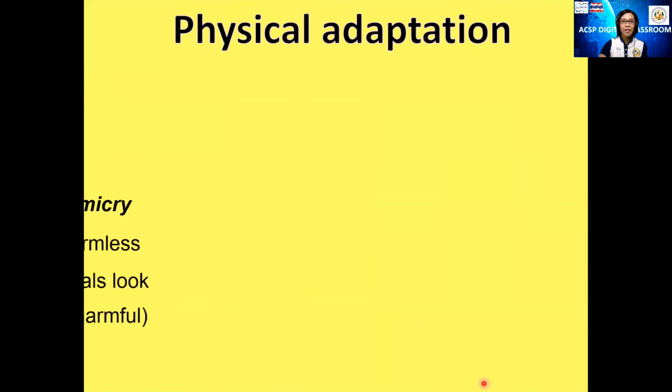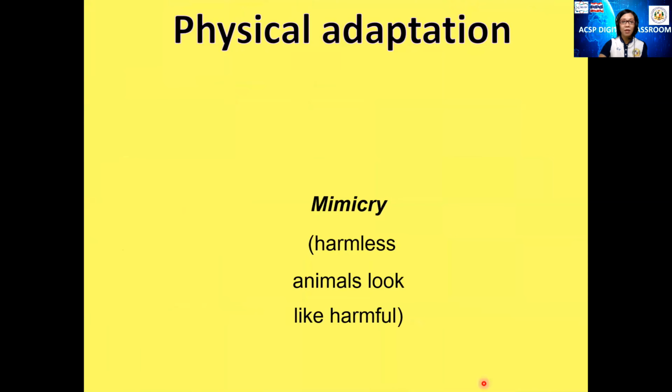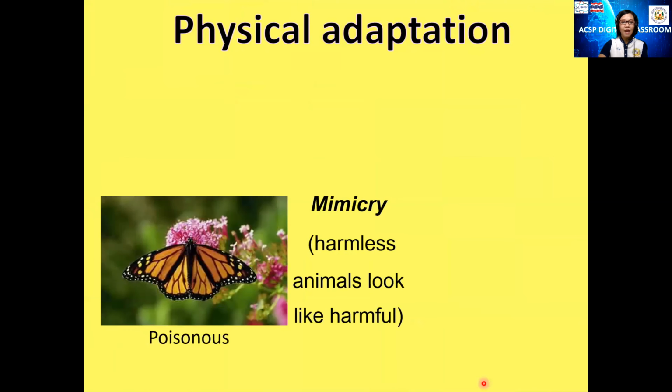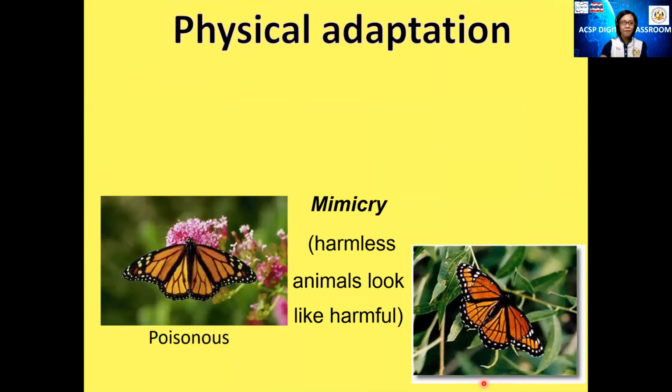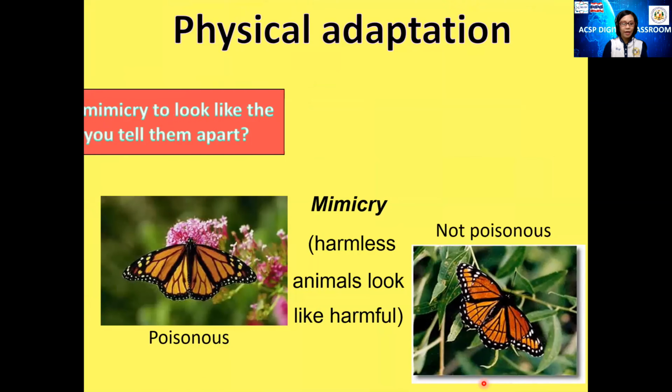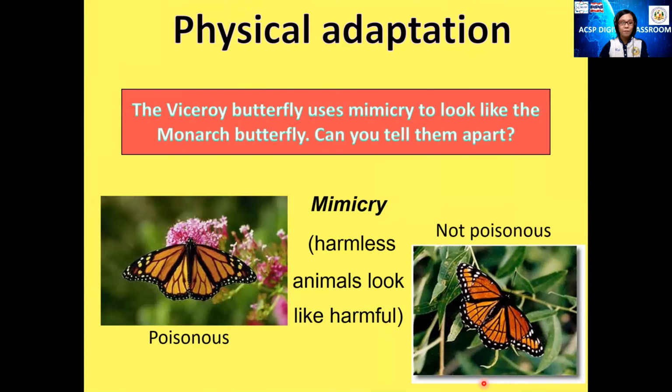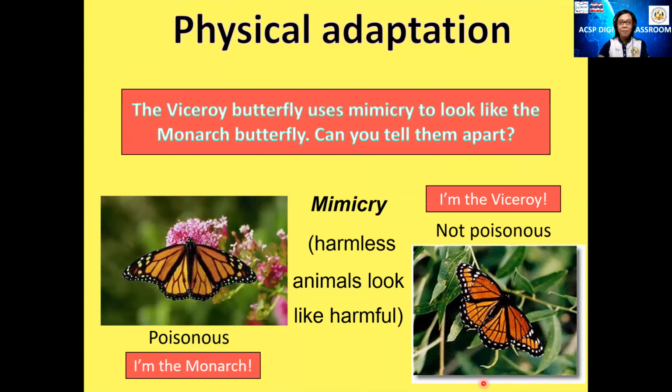Another example of adaptation is mimicry. Mimicry means harmless animals look like harmful ones. It is an adaptation in which an otherwise harmless animal looks like a harmful animal in order to protect itself.